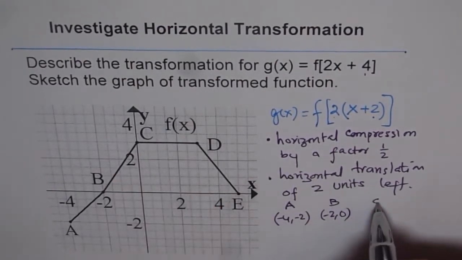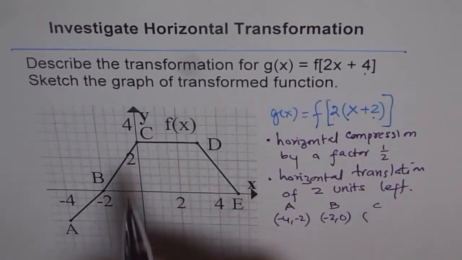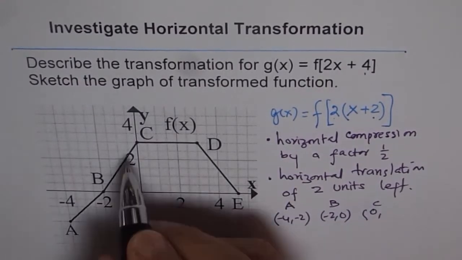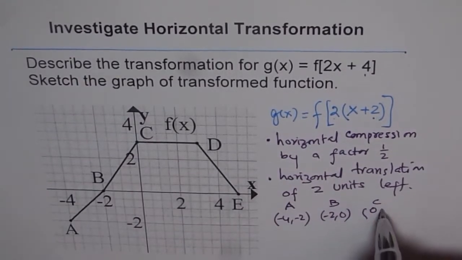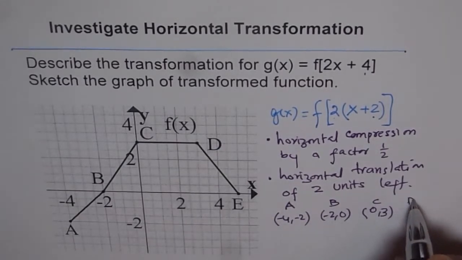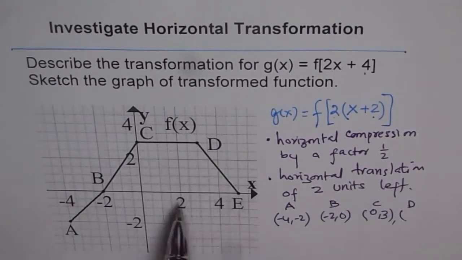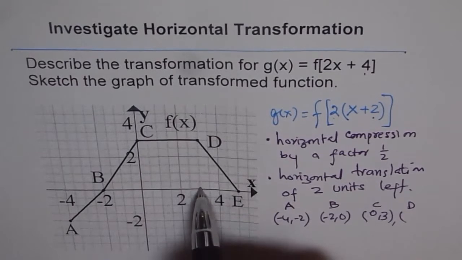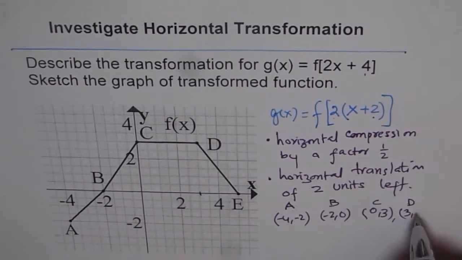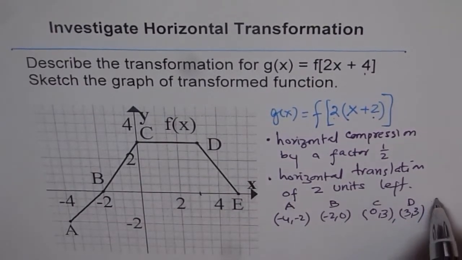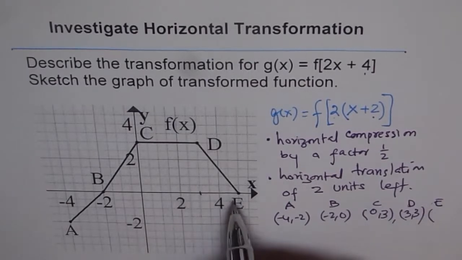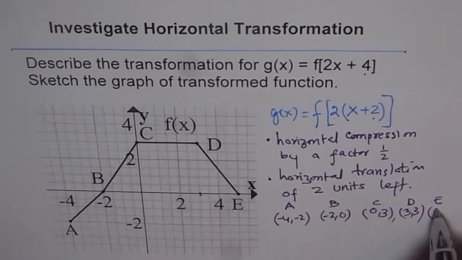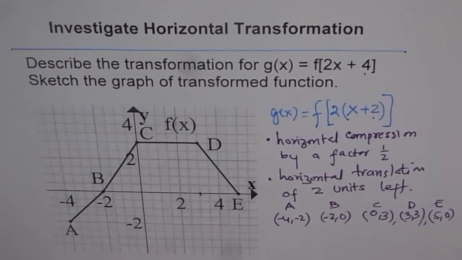Point C, which is (0, 4). No, sorry, (0, 3). Point D is (3, 3). And point E is (5, 0). So write down all the points.